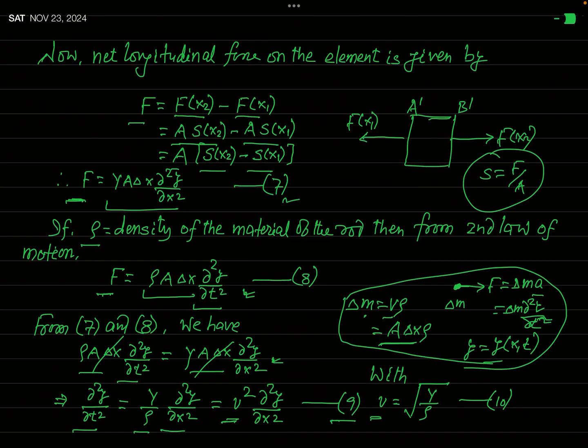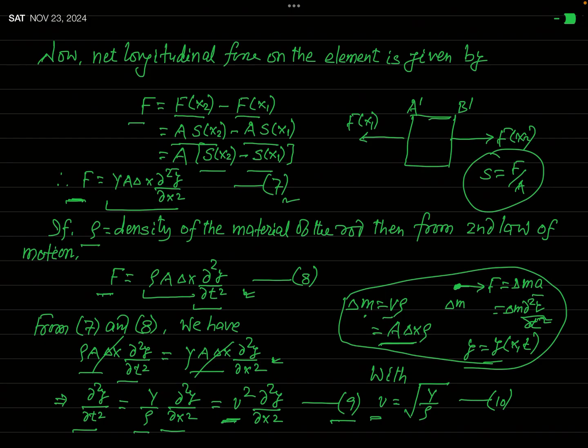And in that case, this v is called wave velocity or phase velocity. I have told in the first lecture, the introductory lecture of this chapter, that when you talk about continuous media, the problem of continuous media switches to the concept of wave. So this idea leads to the concept of wave.